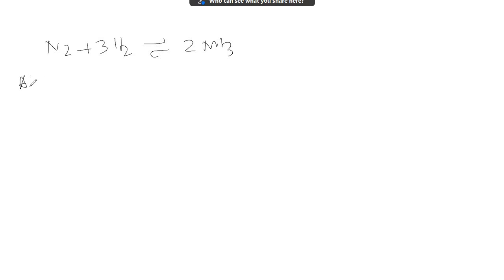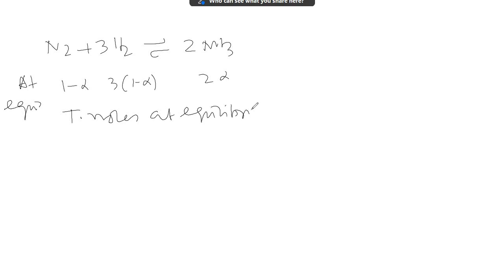At equilibrium, what I found out: 1 minus alpha, 3 minus 3 alpha, alpha. Total moles at equilibrium, 4 minus 2 alpha.